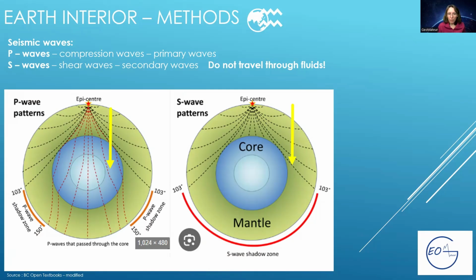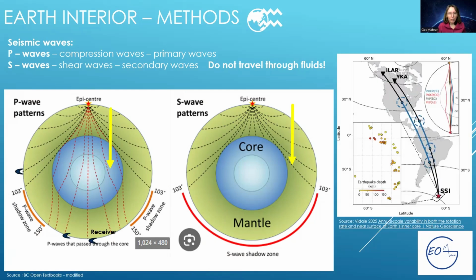These properties of how seismic waves propagate inside the Earth's interior determine the pattern of epicenters of earthquakes and receivers. For example, if we want to analyze the inner core, we need the epicenter and receiver in almost antipodal positions.